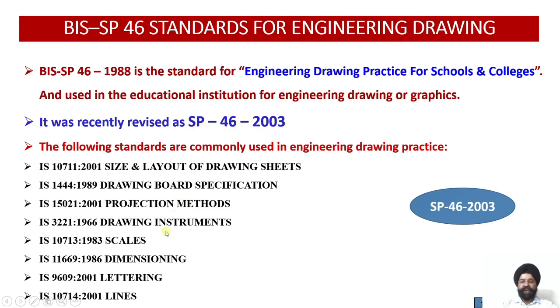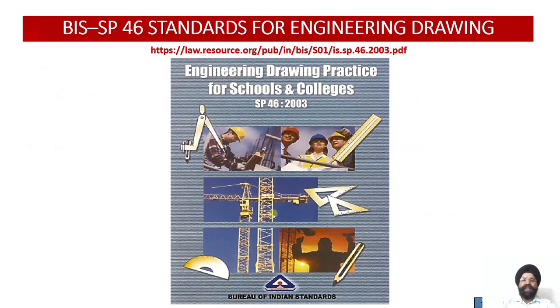These are the different components of the engineering drawing standards which we are going to study one by one during the course of this lecture. Here you can see the book or the standard which you can download from Google as well. These are the BIS standards.